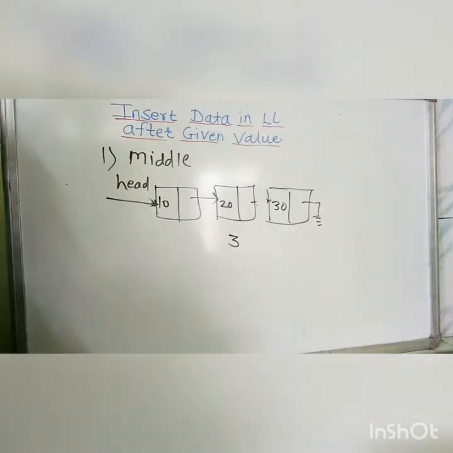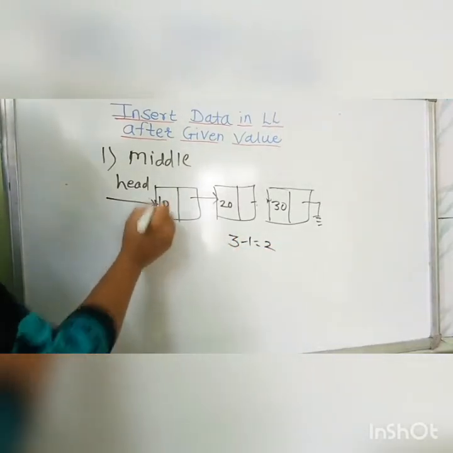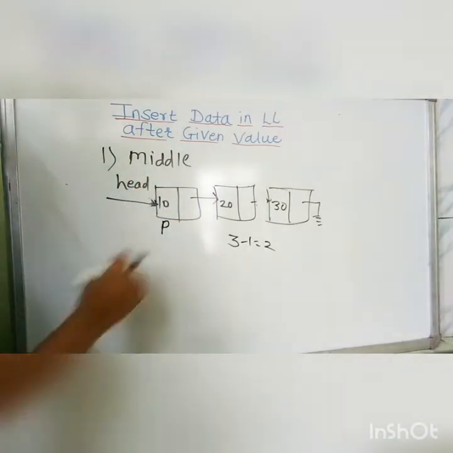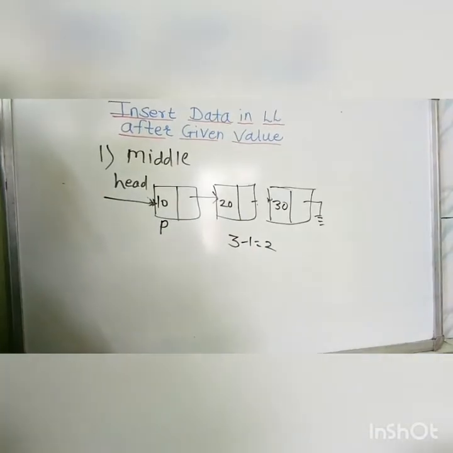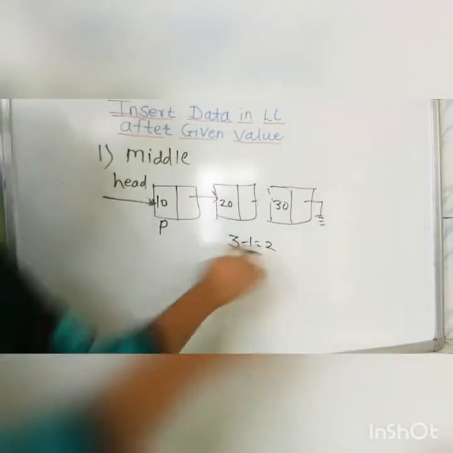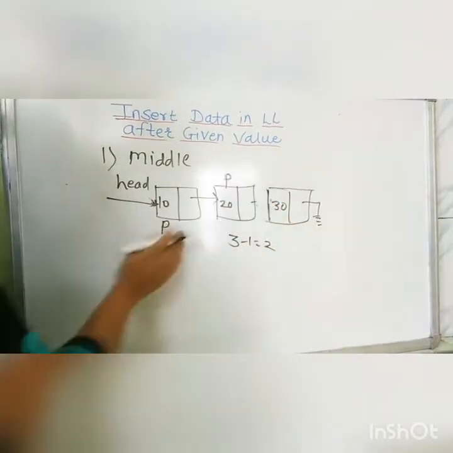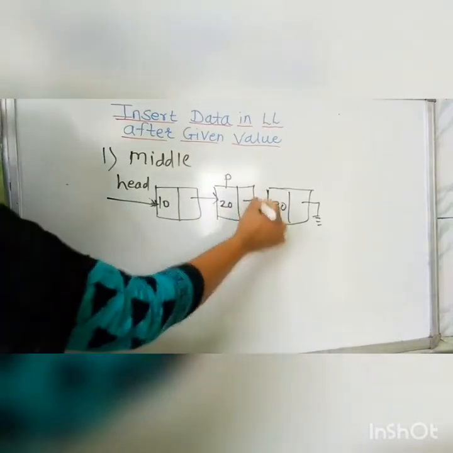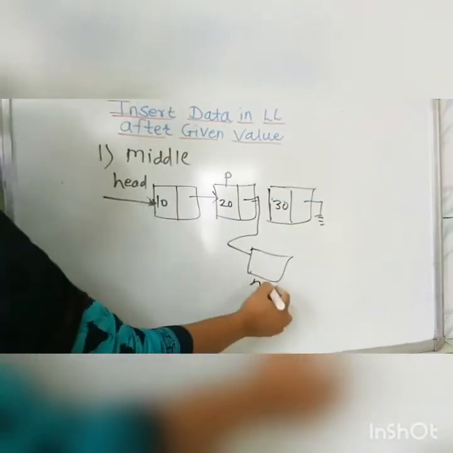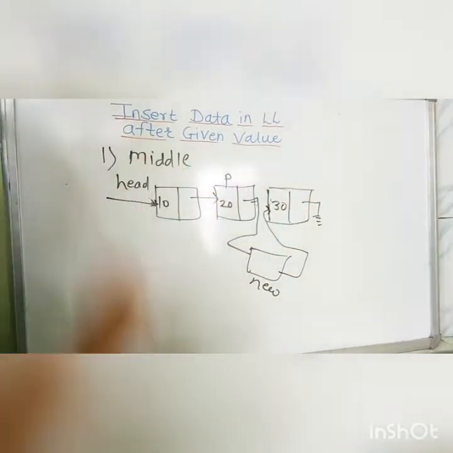In such a case, we have to stop at position minus 1, that is 2. Suppose it is a head, we declare one pointer P and shift it to the next till n is achieved. Now suppose it is the third position, we have to stop P here. Then we will attach the P pointer next to the new node and attach the new pointer next to the P pointer next.